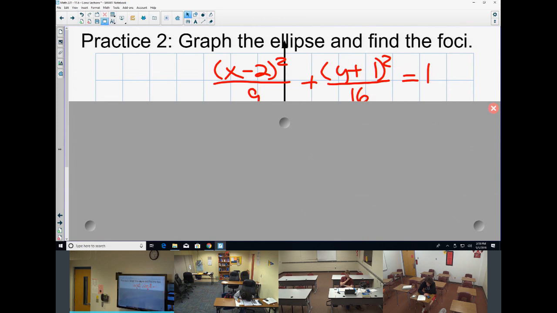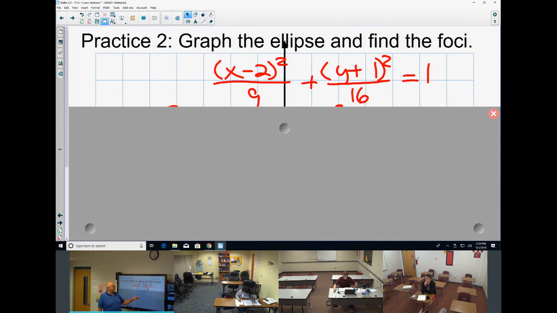Okay, so, all right, so Weston, what is the center? 2, negative 1. 2, negative 1. All right, and then, Toby, in the x direction, we go over how far from that center point? 3.